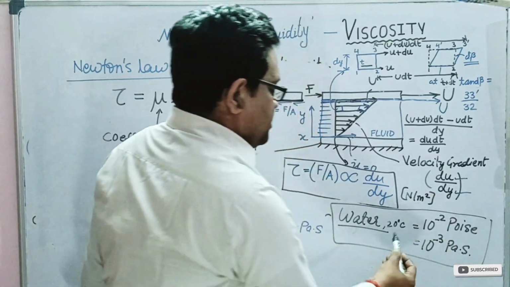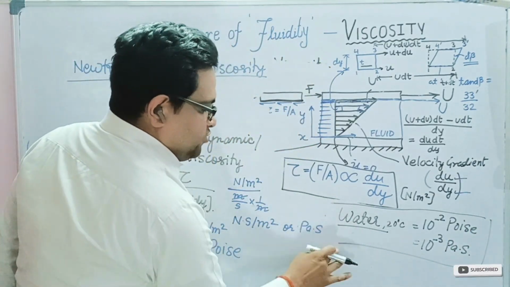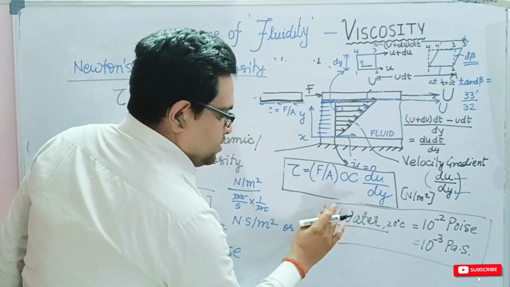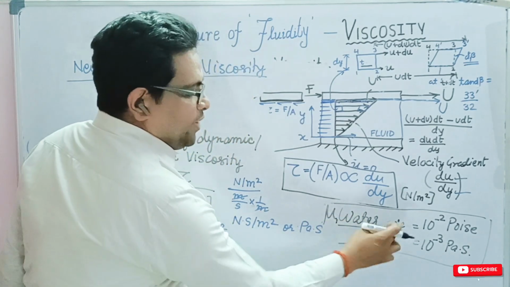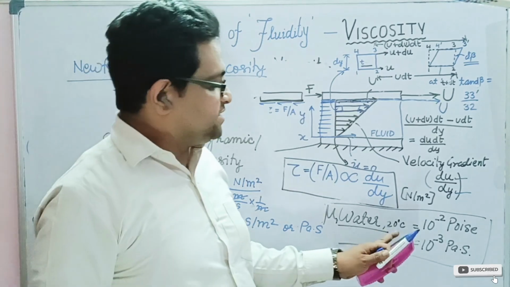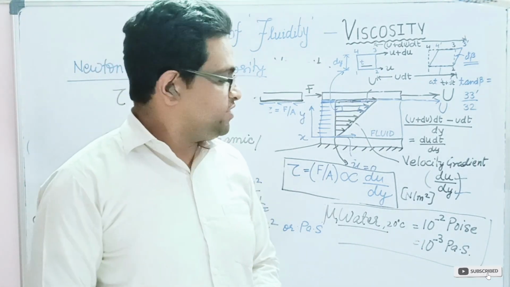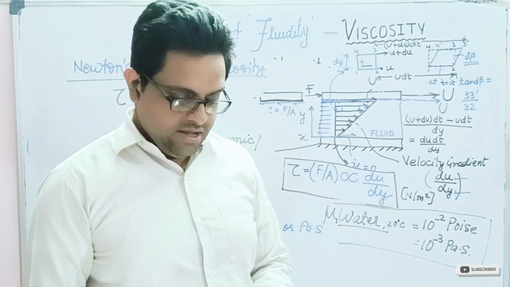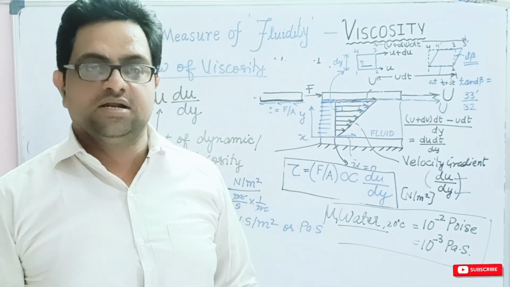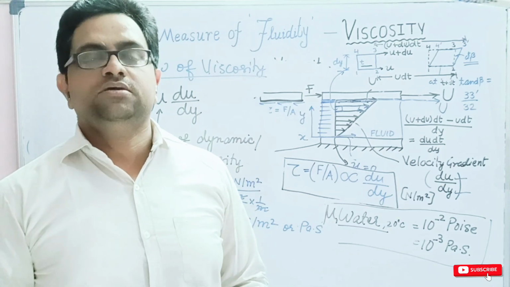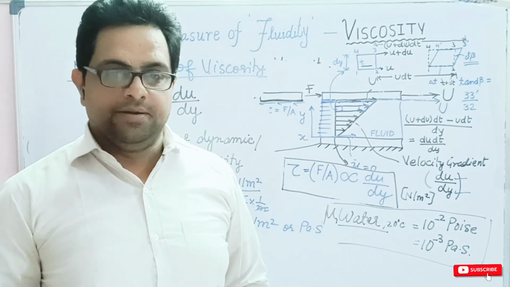Now here again I have mentioned that this is the value of mu of water at 20 degrees Celsius. Again I am mentioning the temperature because, as I have discussed earlier, the properties are functions of temperature and pressure, and they vary with temperature and pressure. We will see in the next lecture how viscosity is going to vary with changes in temperature and pressure.